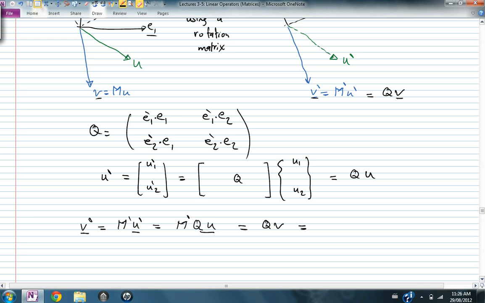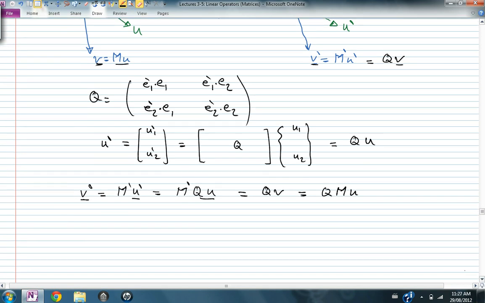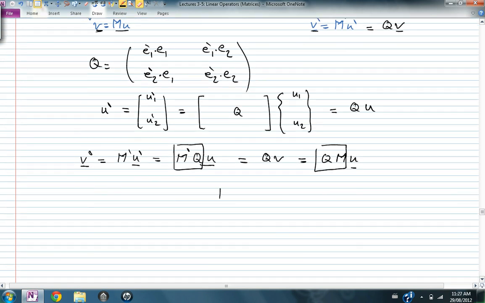At the same time, I know that v is actually the image of u under M. So I have two linear maps. One linear map, M prime Q multiplied by u, and another linear map, Q M multiplied by u. Both are equal linear maps. So M prime Q is equal to Q M.